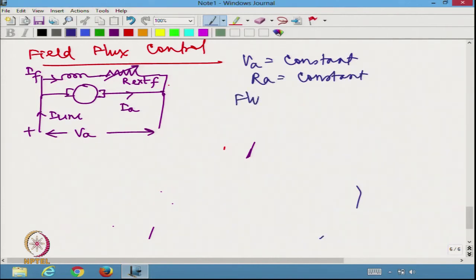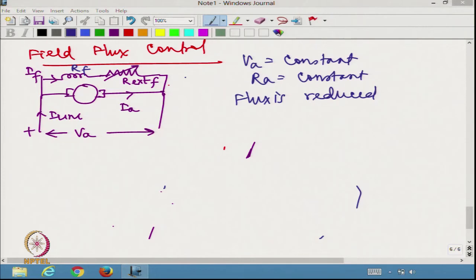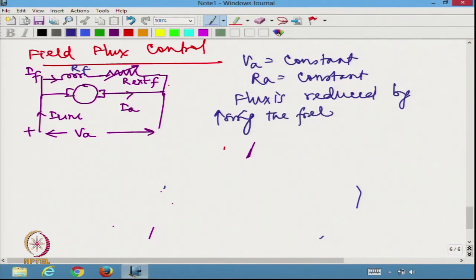flux is reduced. Please understand, the inherent resistance what I have is RF. That RF is very much there. I can't include a negative resistance. I can only include a positive resistance. So, by increasing the field circuit resistance, we are reducing the field flux.